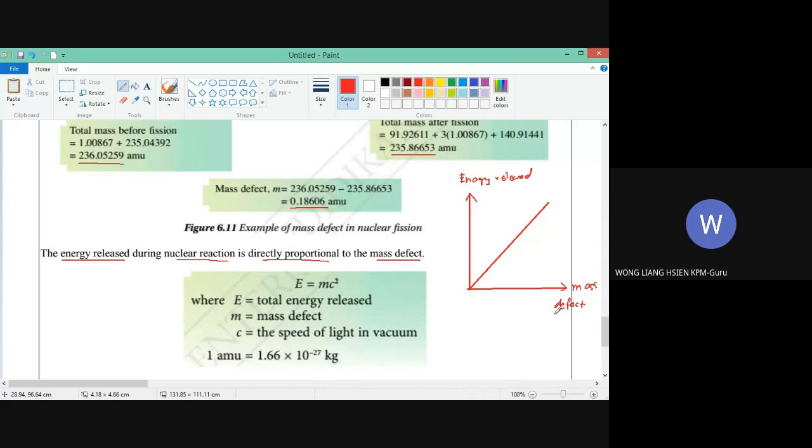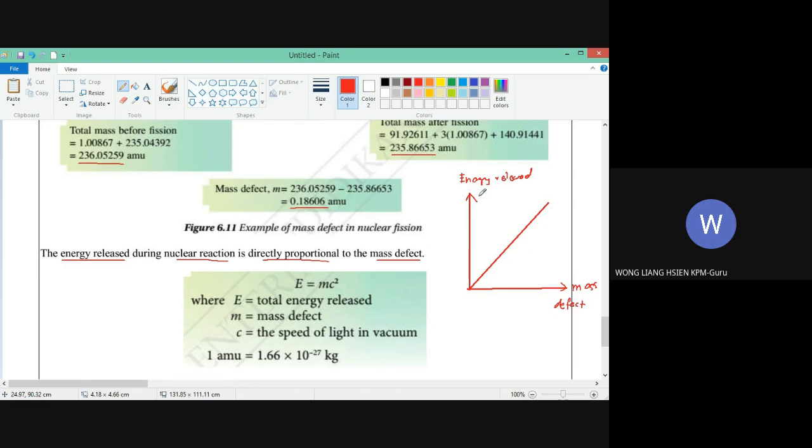Or in another word, energy has mass. So this energy at first is stored in the nucleus, right? When the energy is released, the total mass becomes less. So this tells us that energy actually has mass. Any object that has more energy actually has greater mass.